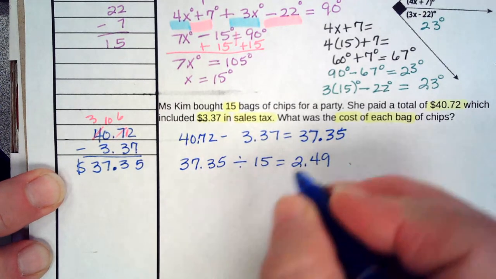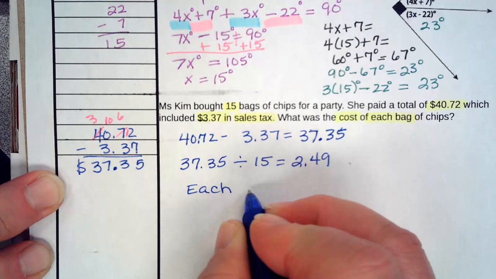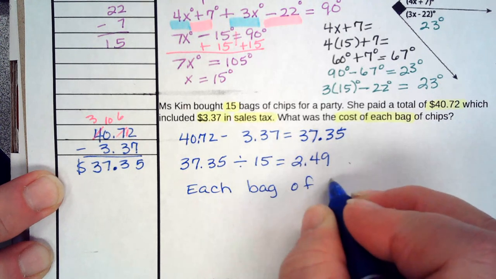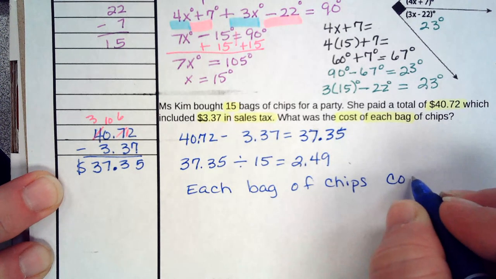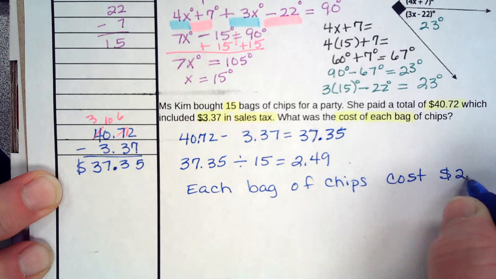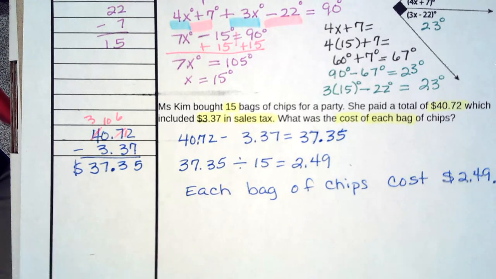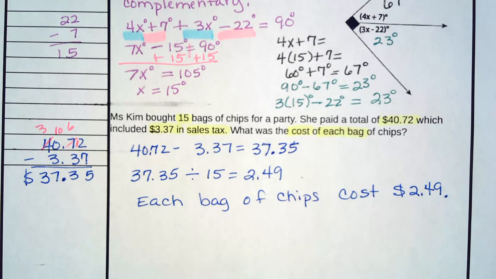So, each bag of chips cost $2.49. So, how do you know you're successful?